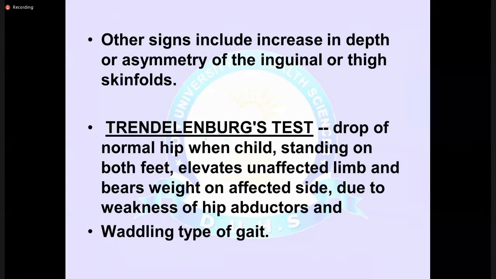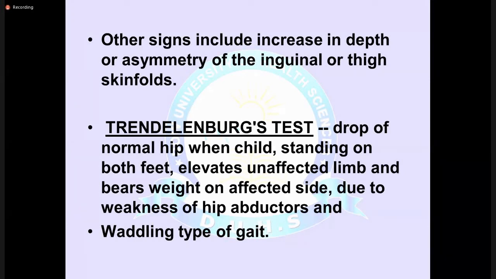Other signs include an increase in depth or asymmetry of the inguinal or thigh skin folds, and dislocation of the hip. The Trendelenburg test is performed in older children. There is a drop of the normal hip when the child stands on both feet, elevating the unaffected limb and bearing weight on the affected side, due to weakness of the hip abductor muscles.